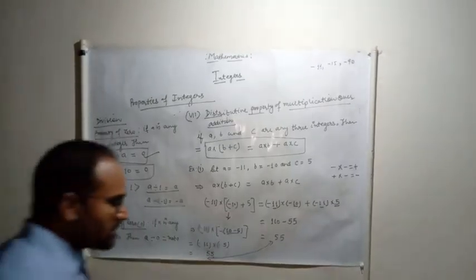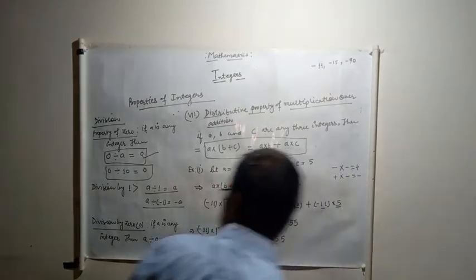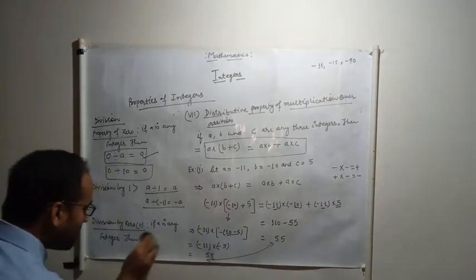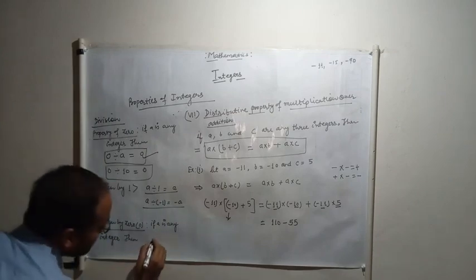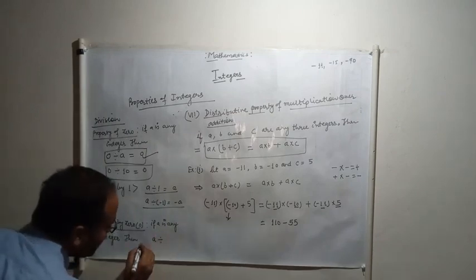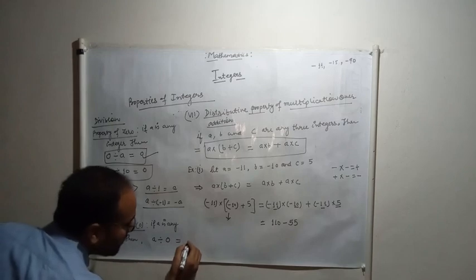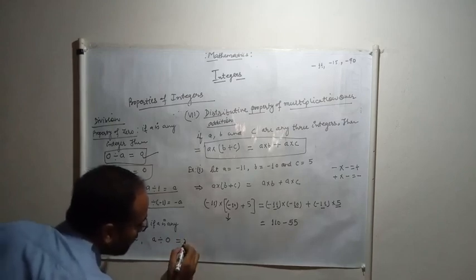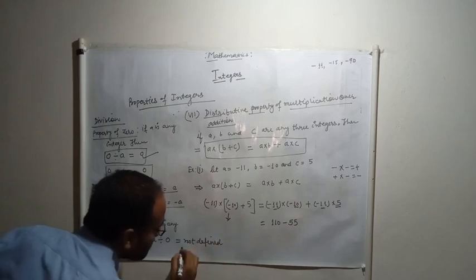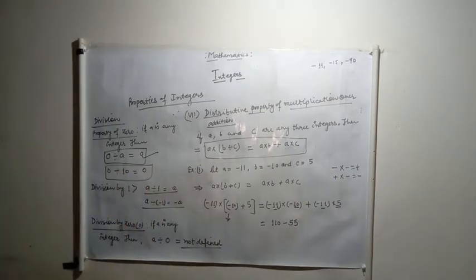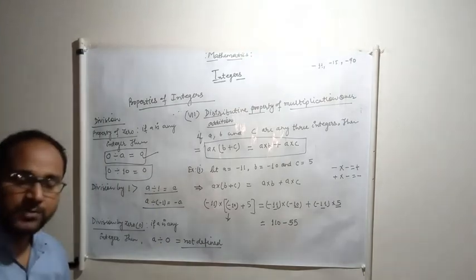Listen students, if you divide any integer by 0, it is not defined. So students, you always remember that division by 0 is not permitted in the case of division.